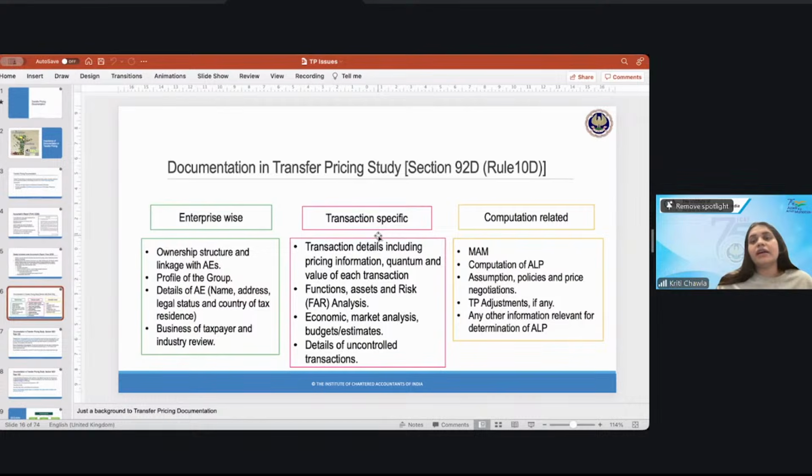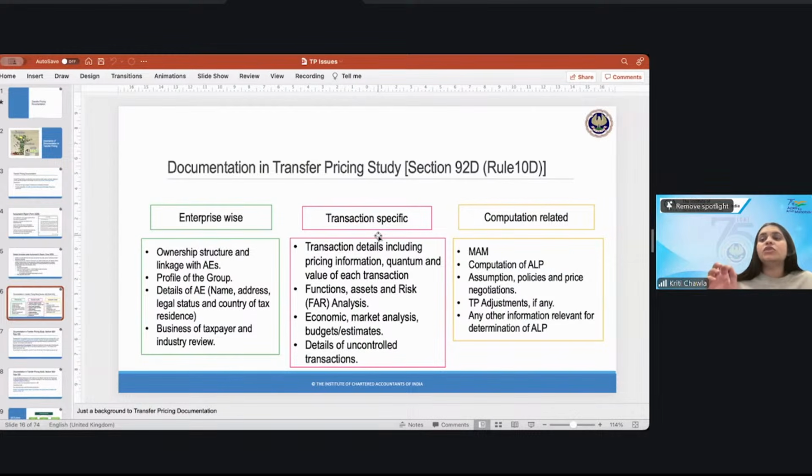Now, it happens when we make a TP study, because it's a very detailed document. If we tell them that the TNMM method is something that we have chosen for the purposes of benchmarking this transaction, we also tell them why CUP was not correct. So we give them reasons to reject the CUP method.